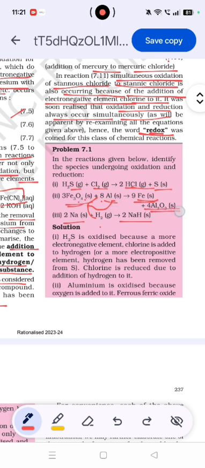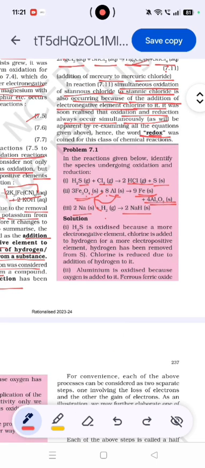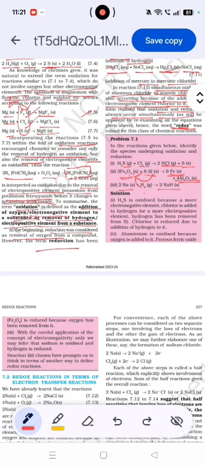Aluminium is accepting oxygen. Aluminium got oxygen to form aluminium oxide. Addition of electronegative element. To Fe3O4 aluminium, an electropositive element, is added, and oxygen is removed. Then oxygen, an electronegative element, is added to aluminium, so it is oxidized. So aluminum is oxidized because oxygen is added to it.